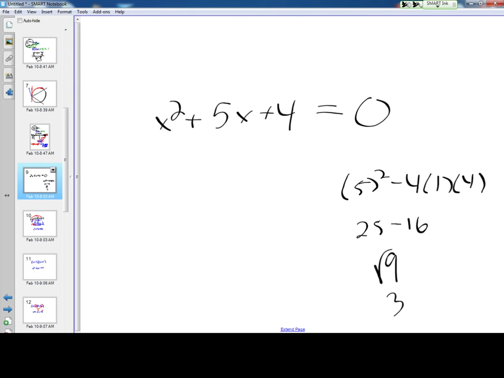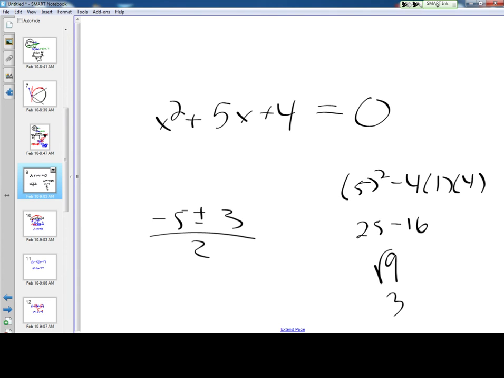But once it's factorable, does that become x? No. That's only the square root part. So if you're going to do this much, then go ahead and finish up with the quadratic formula. Because once you know that that's 3, then all you need to know is opposite b, plus or minus 3 divided by 2 times a. So negative 5 plus 3 is how much?